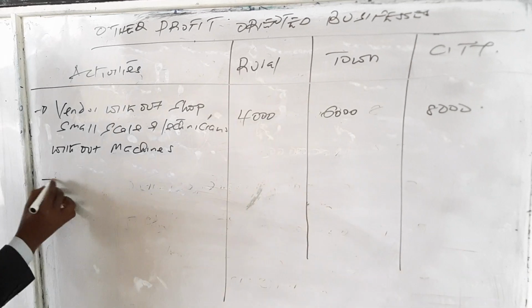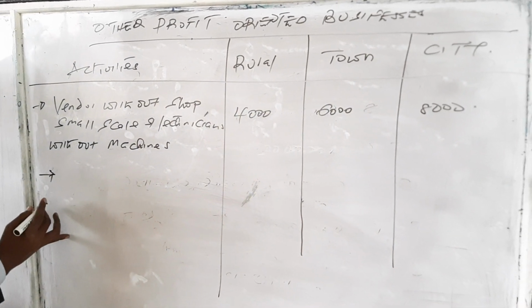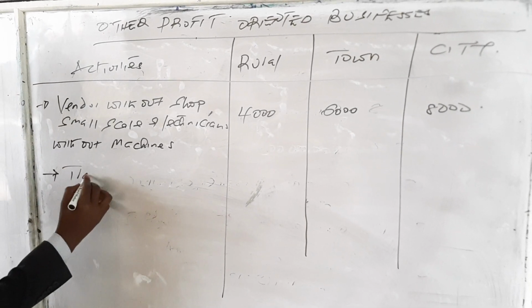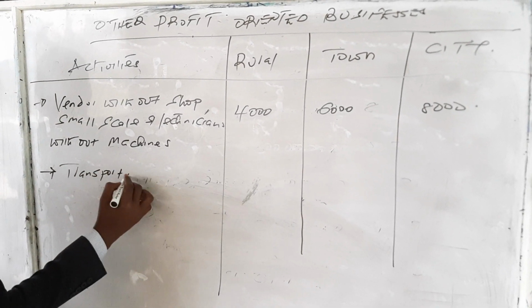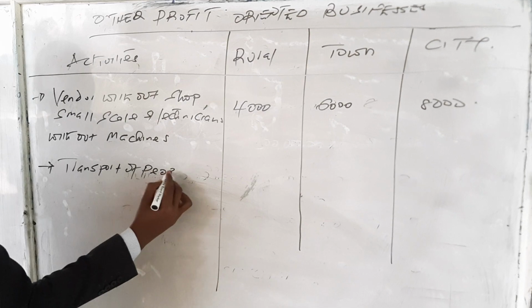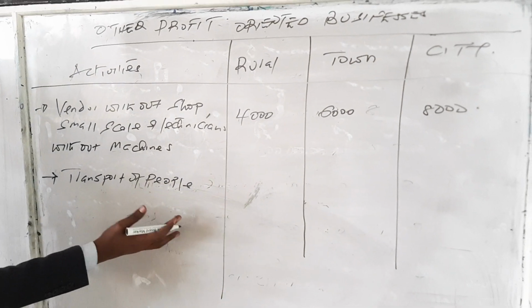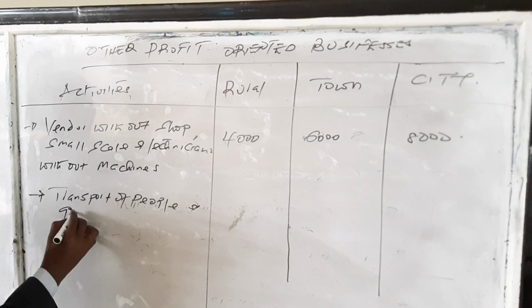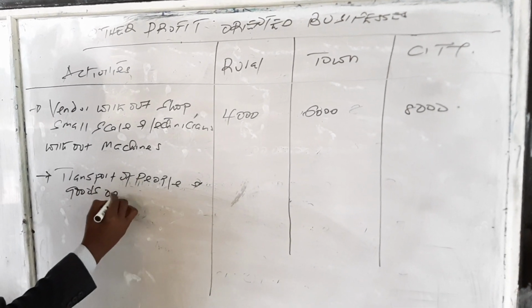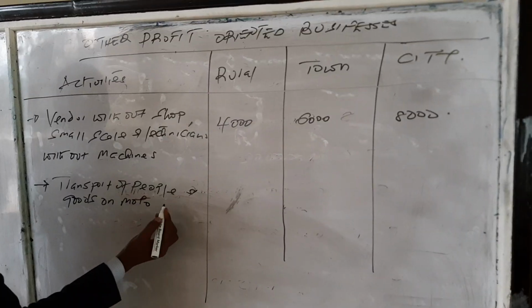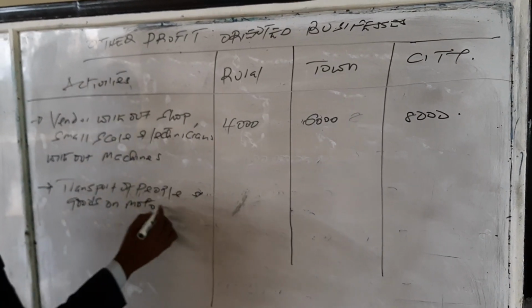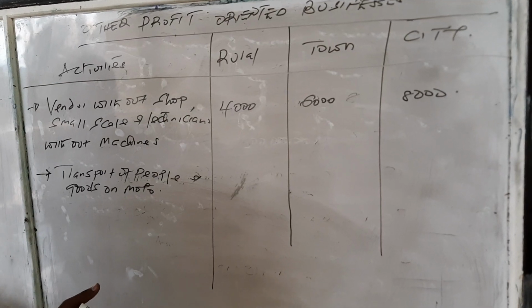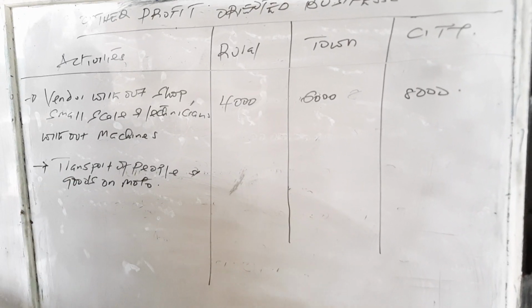The second activity is the transport of people and goods on motor. There are some motors that transport only goods and do not transport people.